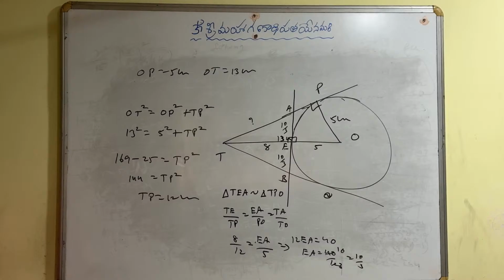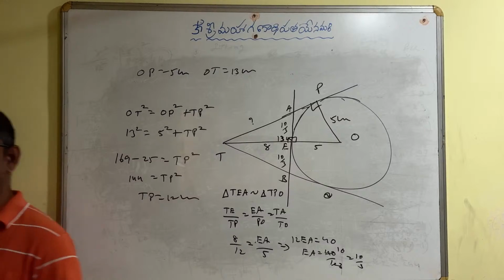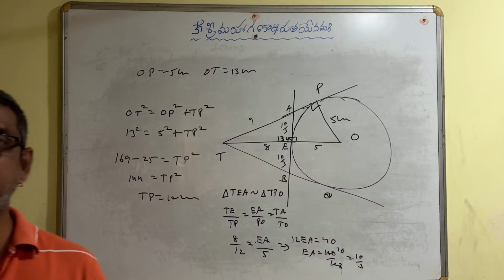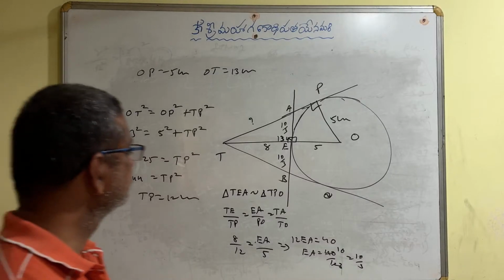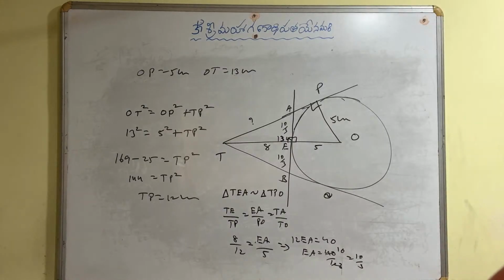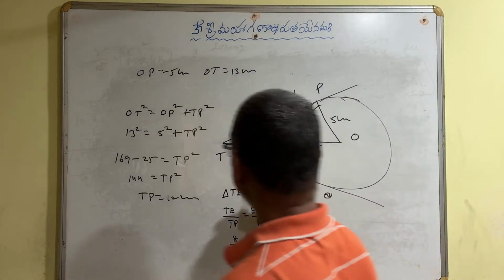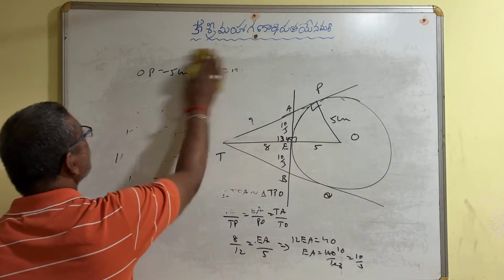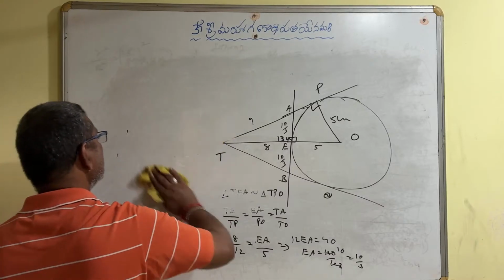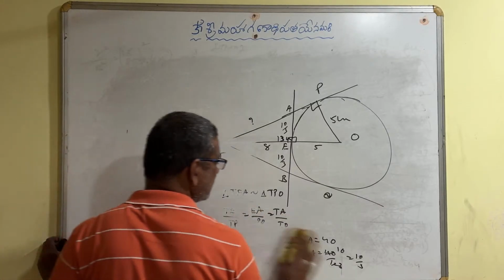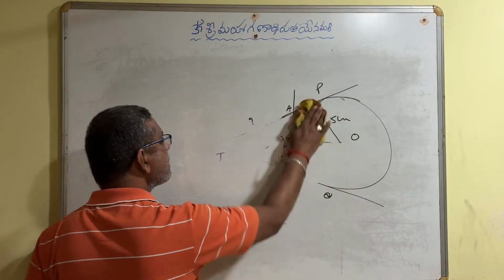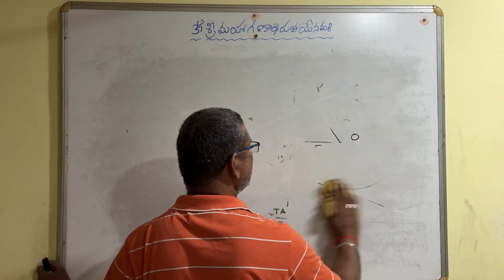From T, how many tangents can we draw? Two. Correct. Last question for today.